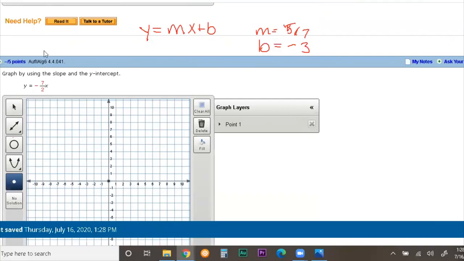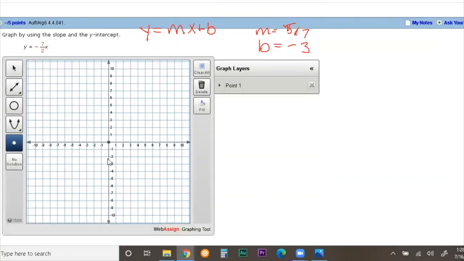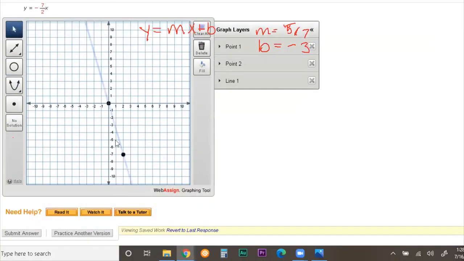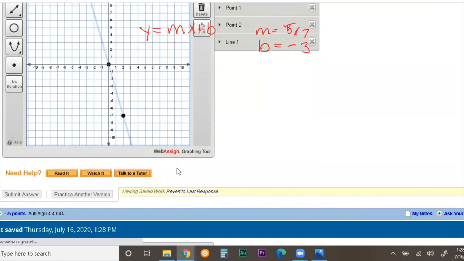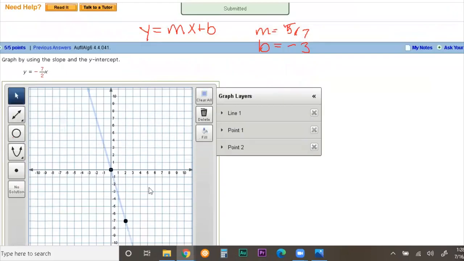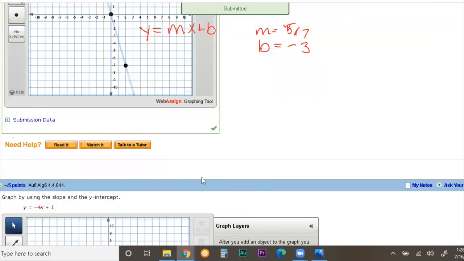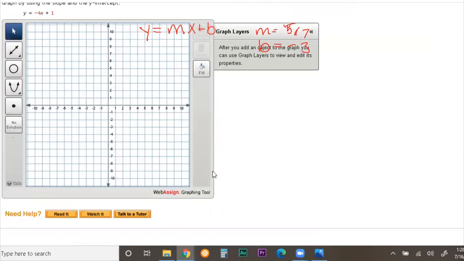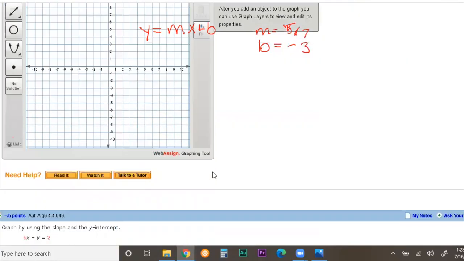And then we would go down 7 and to the right 2. And find our double arrow, click, click, and it connects it. And when we submit it, it's the correct answer. So when you don't see a b, b equals 0. That's why you don't see it.